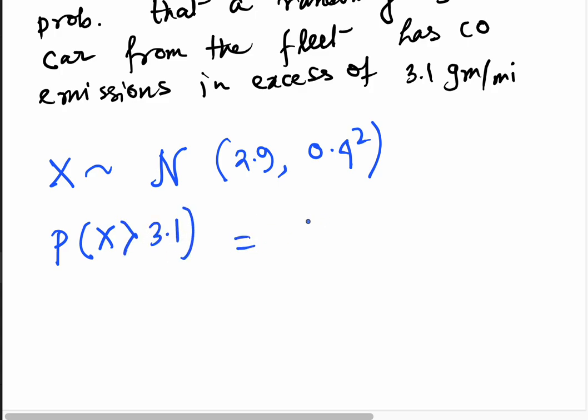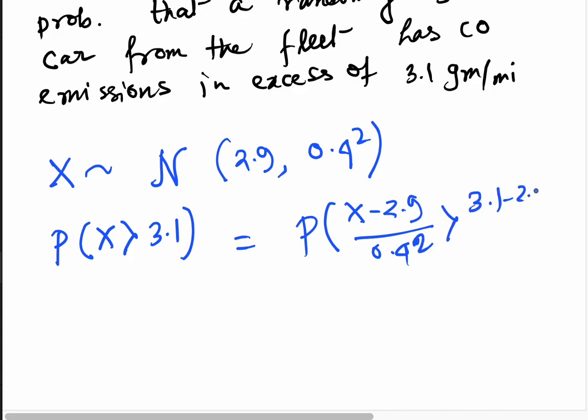If we convert it to the standard normal distribution, that will be the probability that (X minus 2.9) by 0.4 is greater than (3.1 minus 2.9) by 0.4.